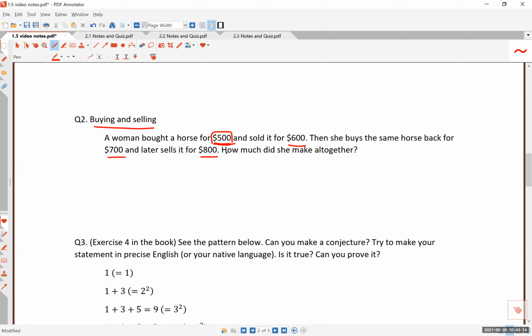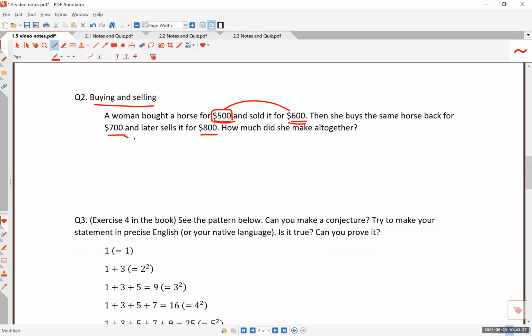Now, what's confusing is that it seems like she lost $100 in the middle part of this question, right? Because she sold it for 600 and she bought it for 700. So is the answer, well, some people could say the answer is 200, because in the first set of transactions she made 100, and in the second set of transactions she made 100. That's 200. But then somebody could say, well, wait a second.